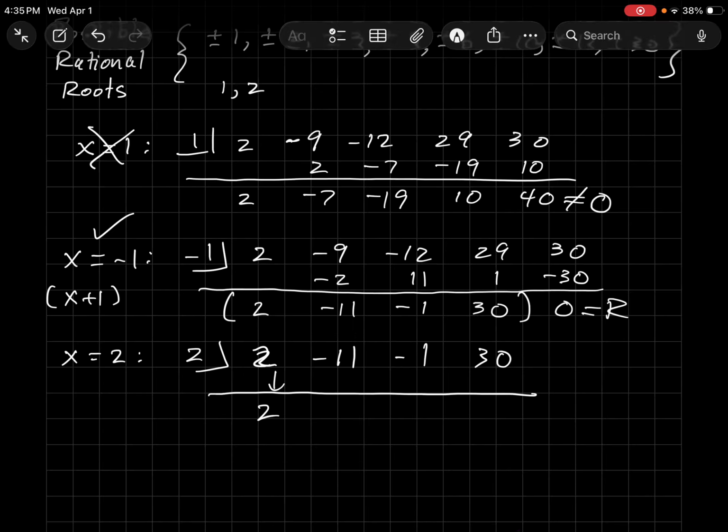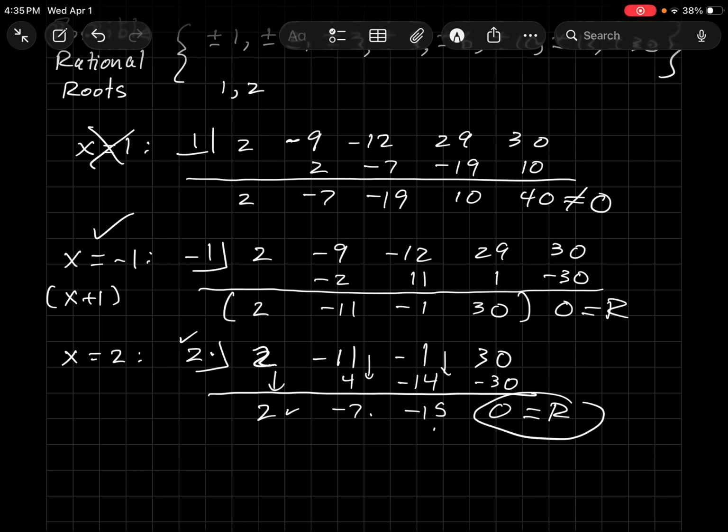So let's bring that down, and then a reminder, in case you didn't see the synthetic video, we do 2 times 2, which is 4. We place it right there, and then we add those. Then 2 times negative 7, place it right there, and then we add. Then 2 times negative 15, place it right there, and add.